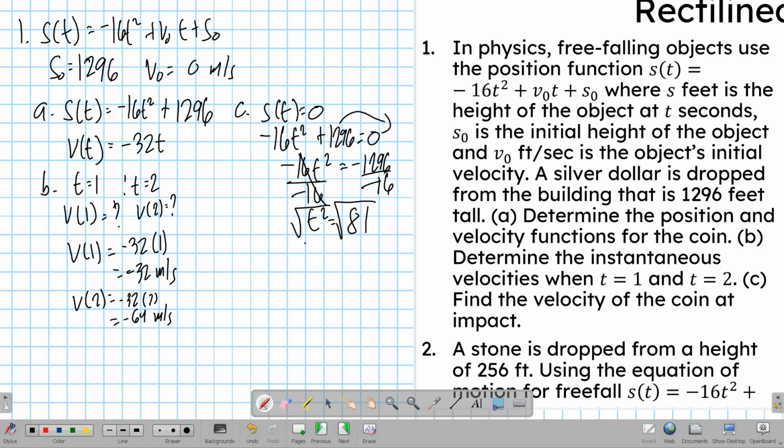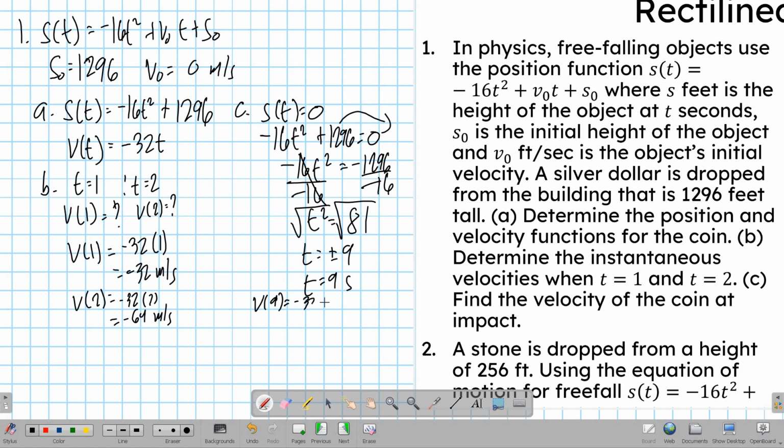Getting the square root here, t would be equal to positive or negative 9. We don't have negative seconds, so therefore t is equal to 9 seconds. Which would mean that after 9 seconds, the coin is already at the ground. What would then be the velocity of the coin at that impact? So that would be v of 9.